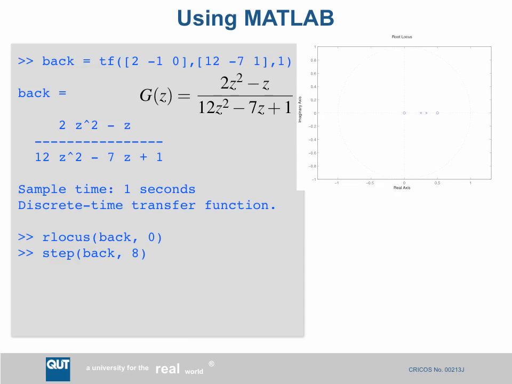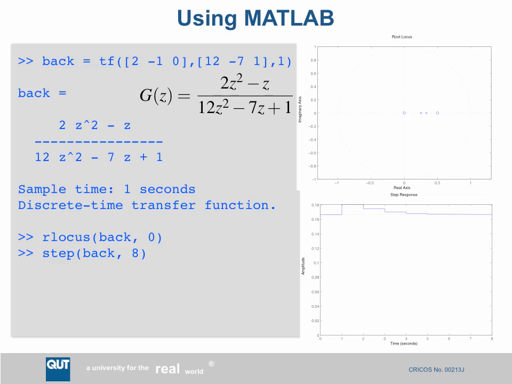The other thing that I can do now that I have this in MATLAB is ask for the step response. So if this was a transfer function, I put in a unit step, this is what would come out. And so I passed that transfer function into the MATLAB function step, and I ask for just 8 time steps of solution. MATLAB will actually figure out how many time steps you need, but I ask for 8 anyway.